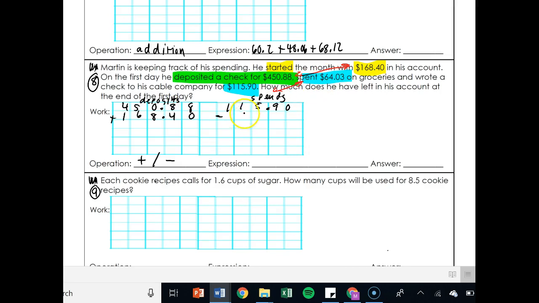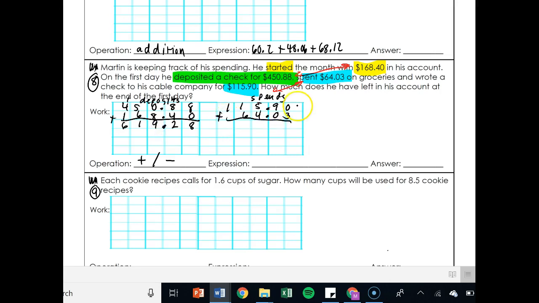Minus 64. Oh wait, no, addition. Sorry, we're adding it. 64.03, right? So we're going to add these up. This is 8, 12, carry the 1. That's 9. 11, carry the 1, that's 6. So $619.28 is what he has in his bank account.